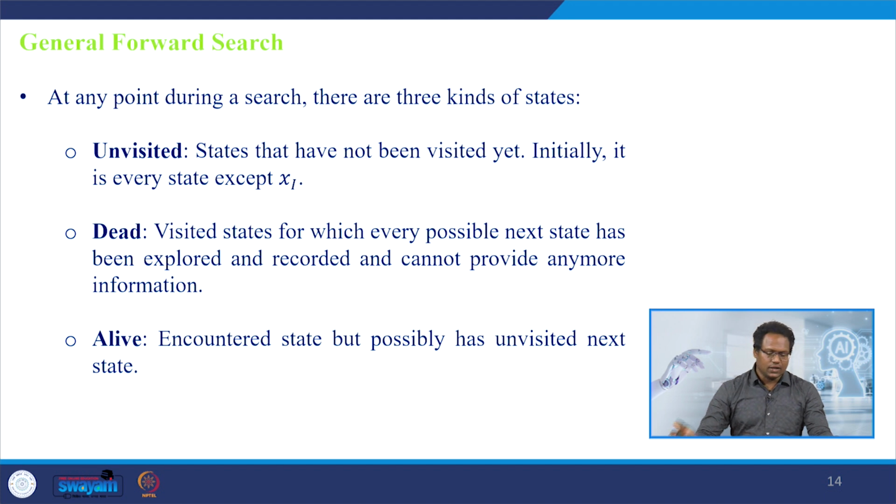Another is the dead state, which are the visited states, but exploring them will not provide any more information. And there are alive states, which are encountered states that possibly have unvisited neighboring states.